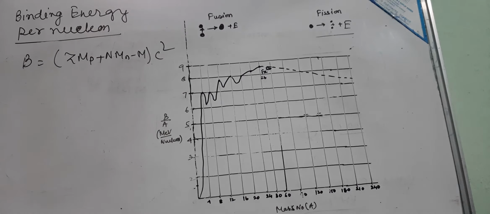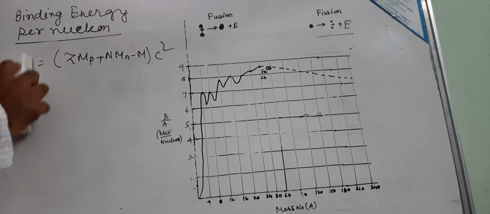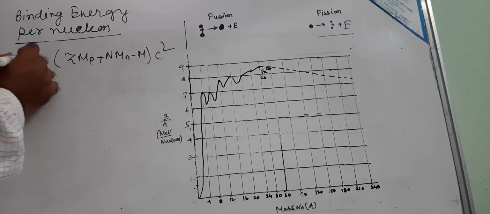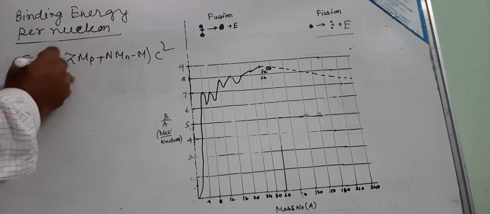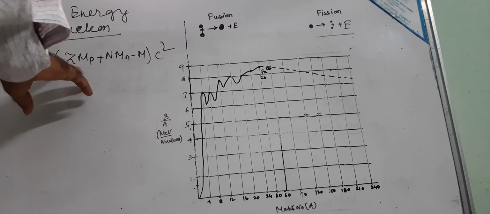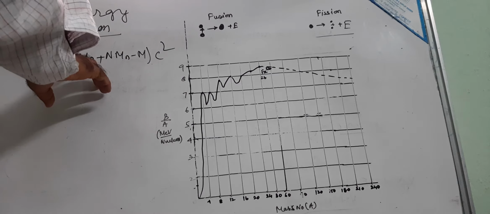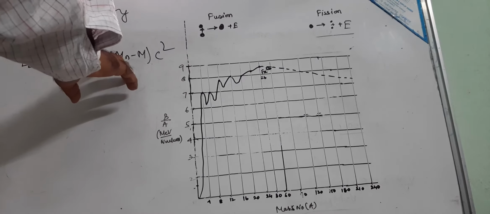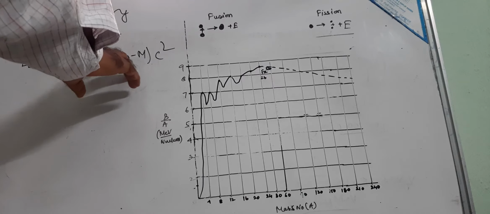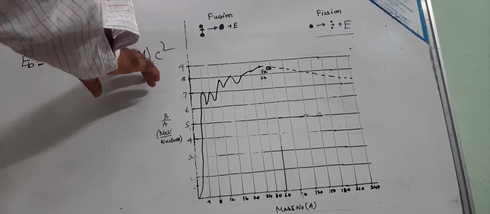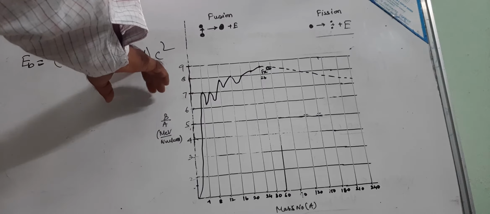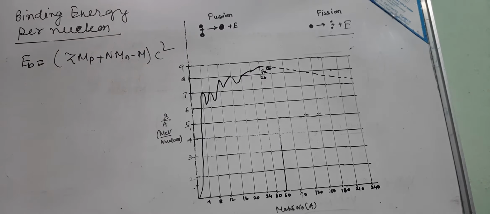This is the formula to find the binding energy, which I was writing as EB. That is the number of protons times the mass of each proton, plus the number of neutrons times the mass of each neutron, minus the mass of the nucleus into C square.